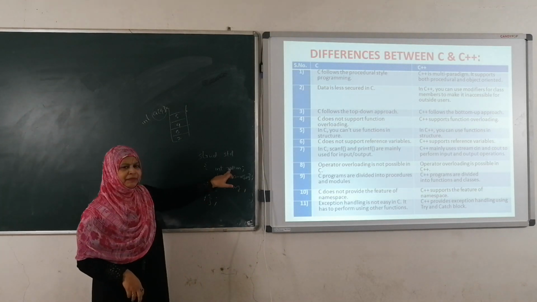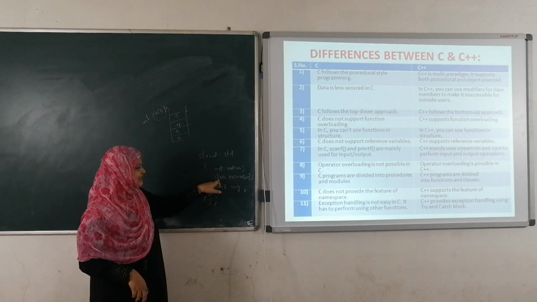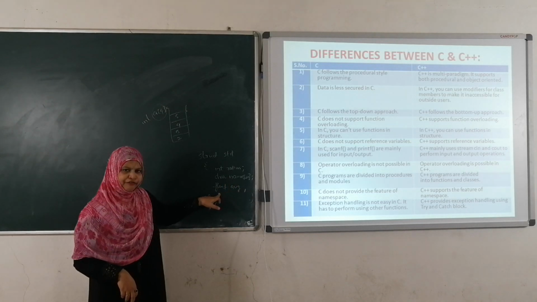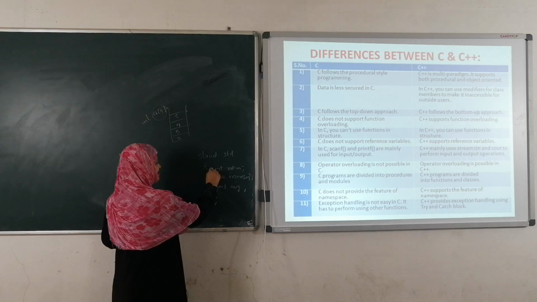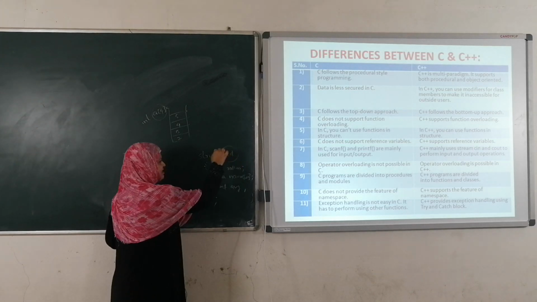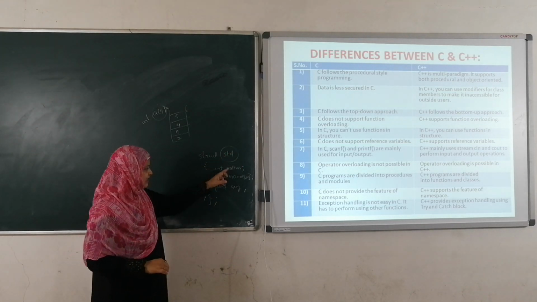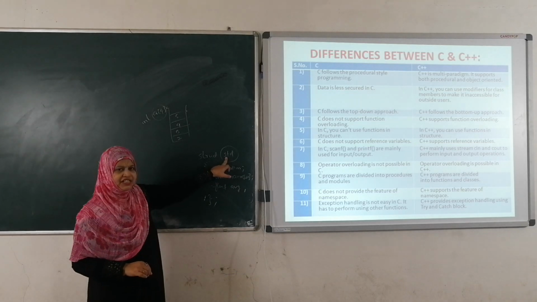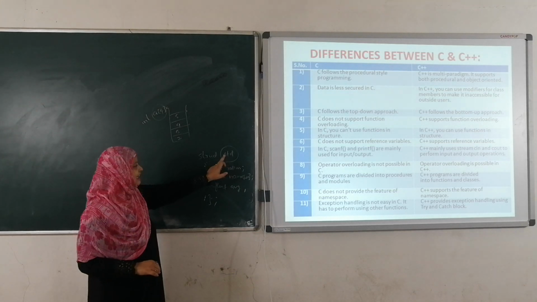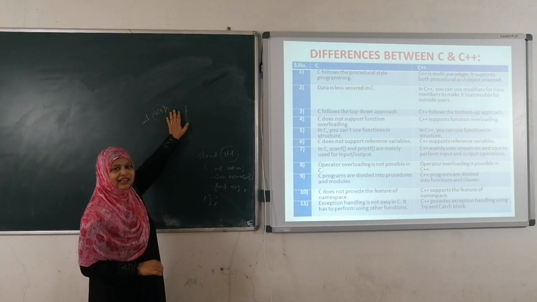Here roll number is integer data type, name is character data type, average is a float data type. So all these 3 variables we store in a single variable, in the structured data type. This is not possible in arrays.